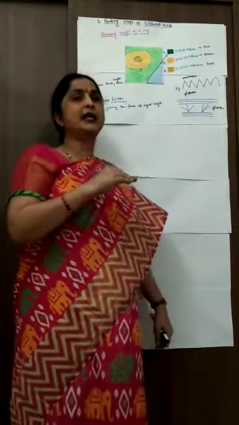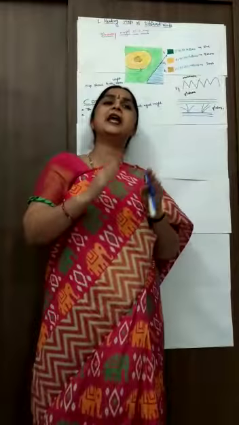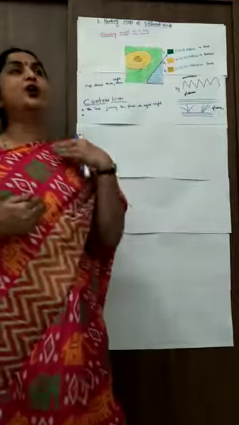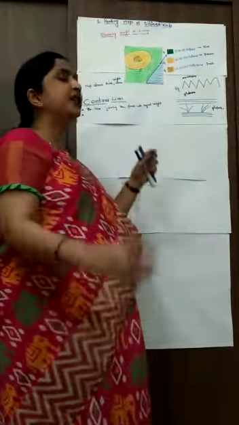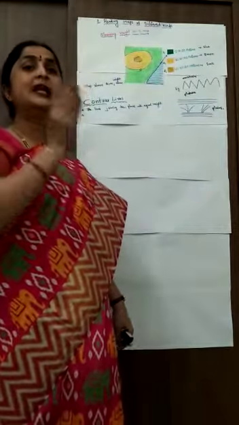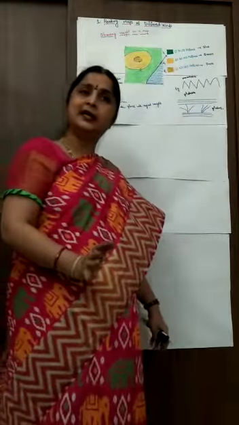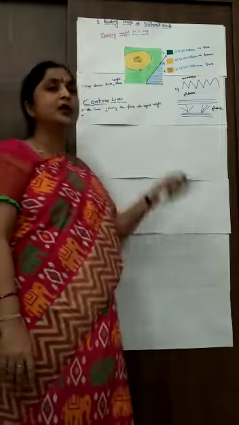The second area is between 51 and 100 meters. Finally, the area between 101 and 150 meters. Here we are using different colors to identify the landform. Yes, clear? Yes.